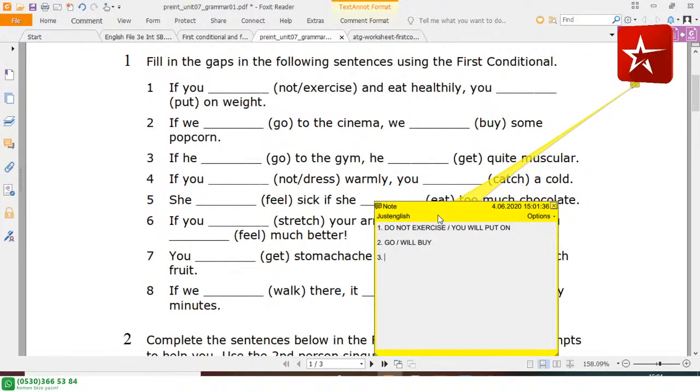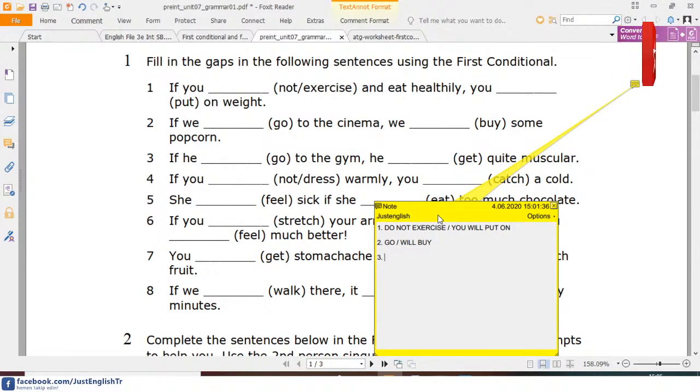Tuko says number 3 is go and will get. Tuko, one answer is wrong here. The first one is wrong. I won't say which one is wrong, you should just pay attention to the form of the verb.